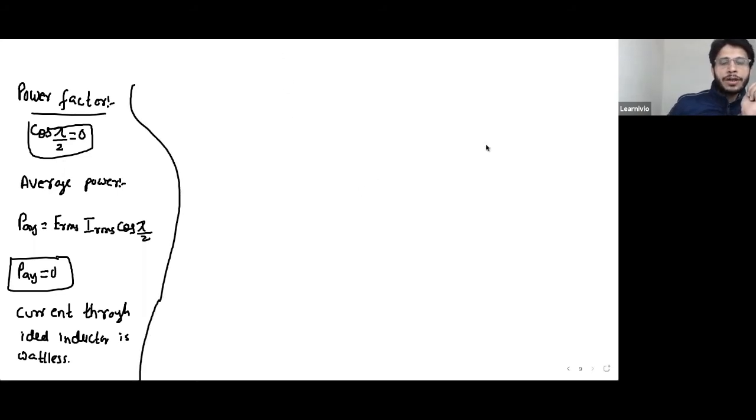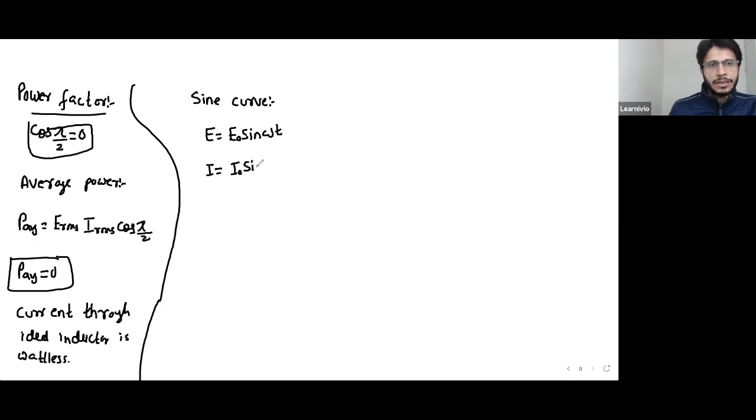Okay, after power factor, the next thing is we're supposed to calculate the simultaneous sine curve. See, the equation of EMF is E naught sine omega t. The equation of current is I naught sine omega t minus pi by 2.